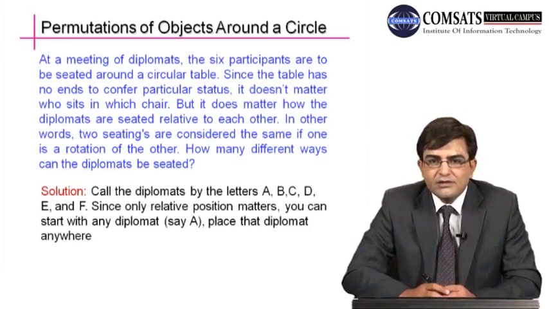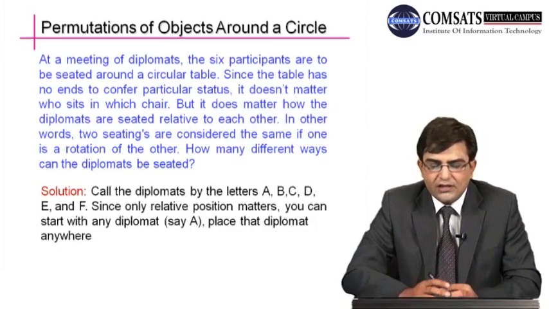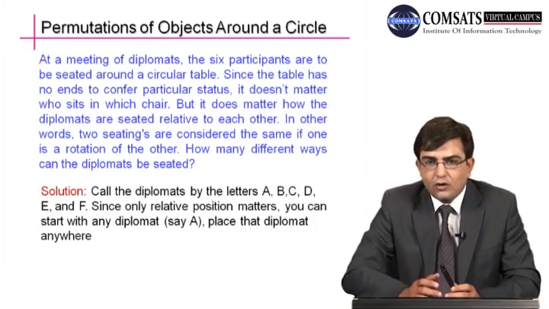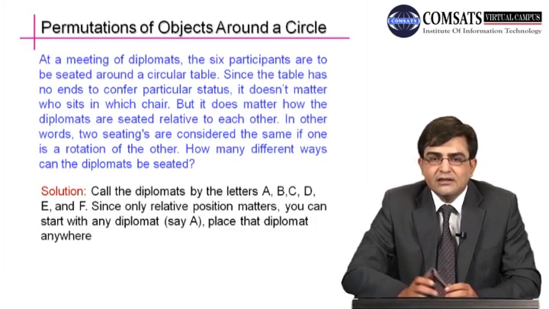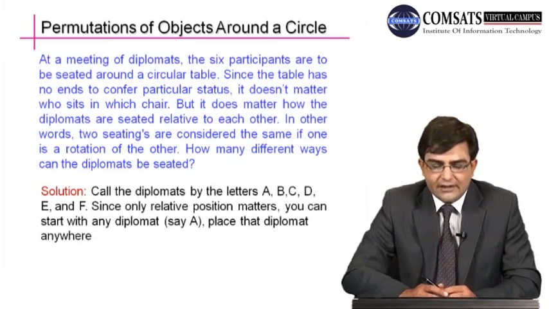Now here the problem is that the circle has no ending point. We don't know its starting point, we don't know its ending point. Then how can we permute the elements or objects which are arranged in the form of a circle?